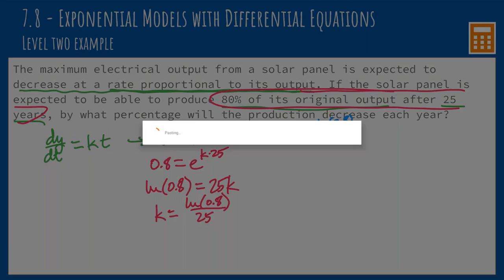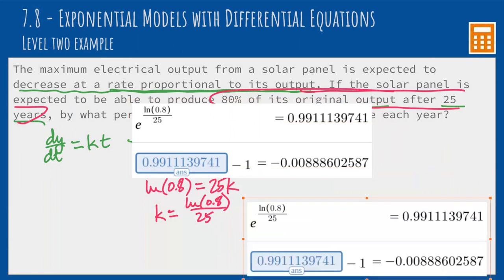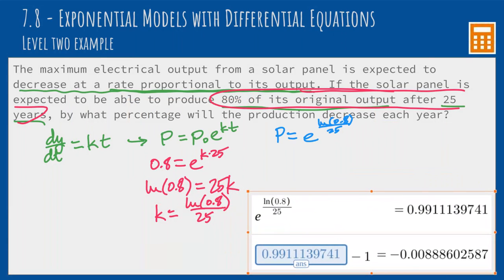So plugging that into my calculator, the production after 1 year is going to be a little over 99%, 99.11%.